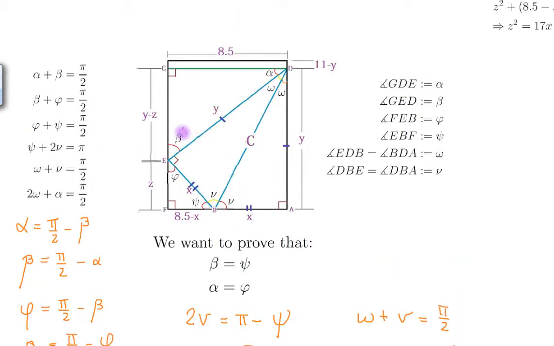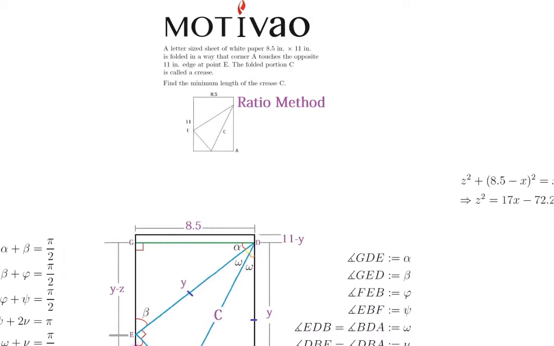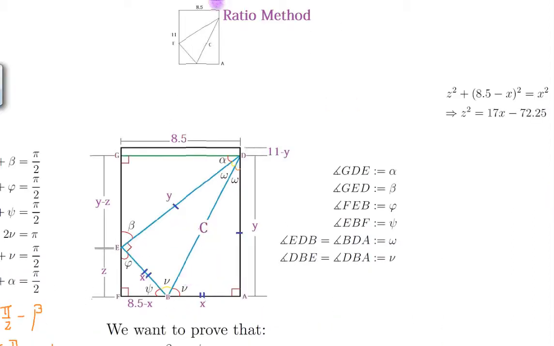Now that we have proven that all these angles are equal, that means by the AAA theorem that this triangle is similar to this one. And why do we want that? Well, that means that their lengths are in ratio to each other. So I'm going to use the 90 degrees length, which is y.